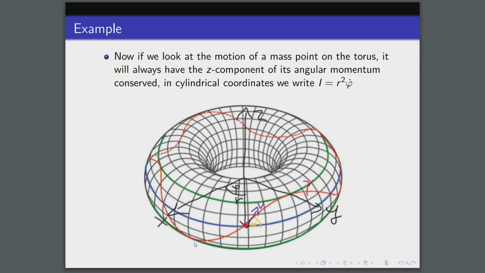And here gamma is this curve, and we're looking at the mass point as it cuts this blue circle, if you will. And here V represents the velocity vector of the point, and alpha is the angle between the velocity vector and this blue circle when the point is intersecting this big blue circle.